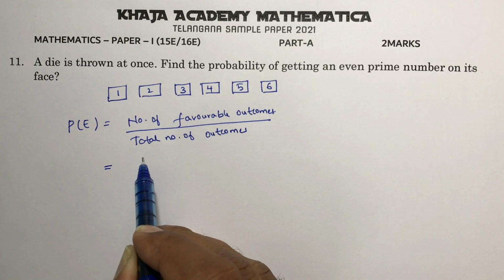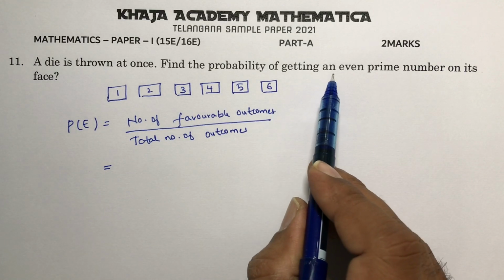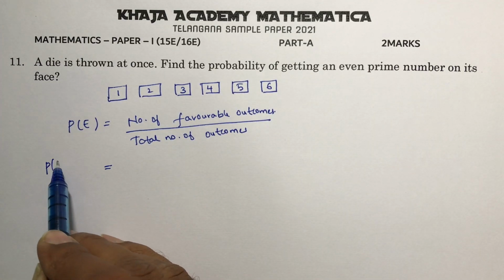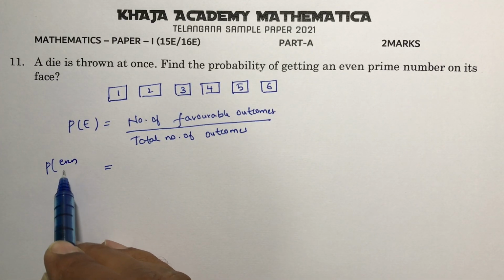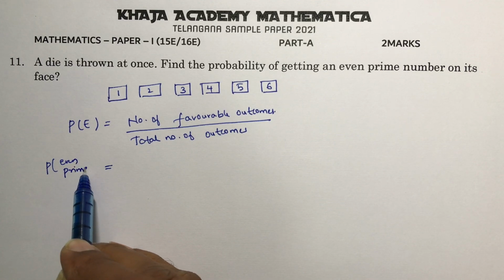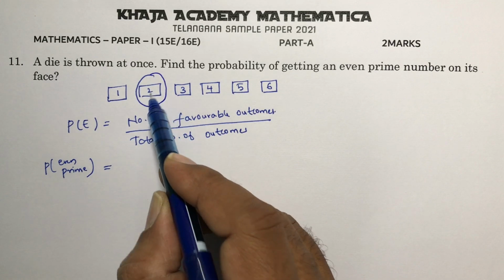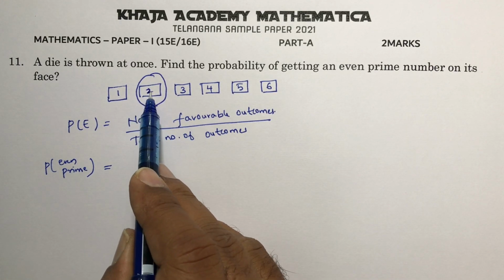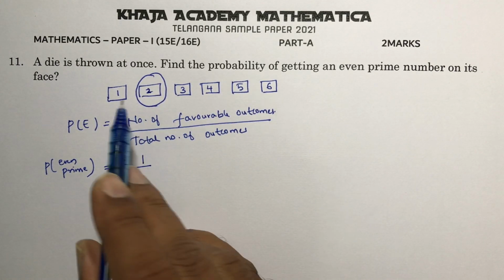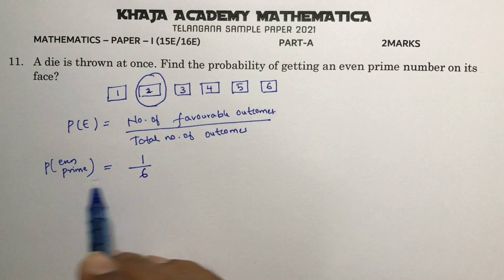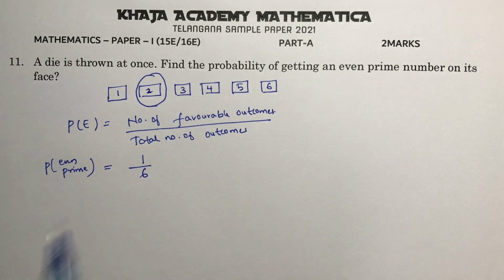Even prime is only 2, so only one favorable outcome out of total outcomes 6. So probability of an even prime is 1 by 6.